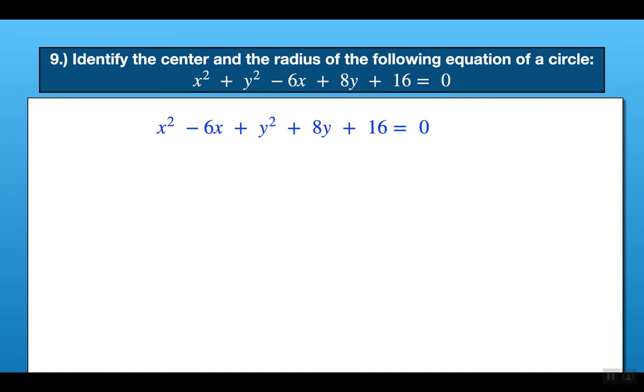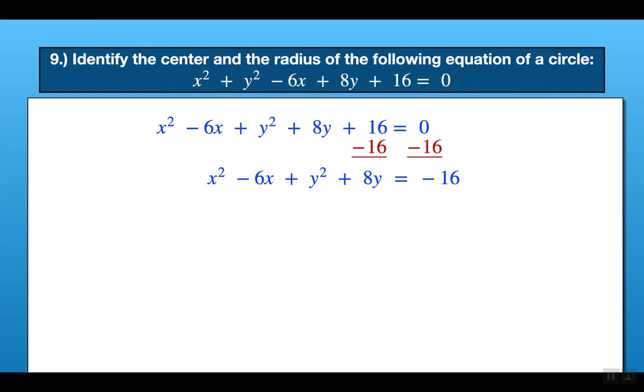Now the next thing you have to do is make sure that you move any constants to the other side of the equation. A constant is a number by itself with no variable. So in that equation, 16 is the constant. I want to move it to the other side of the equation and get it by itself. So the way I'm going to do that is by subtracting both sides of the equation by 16.